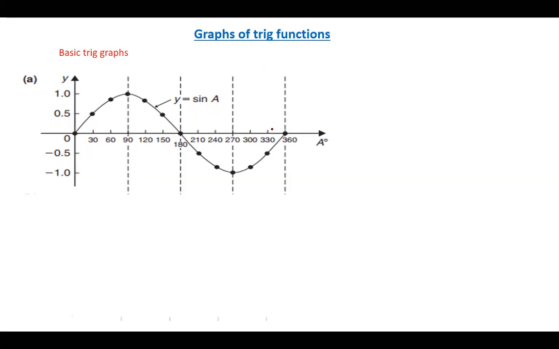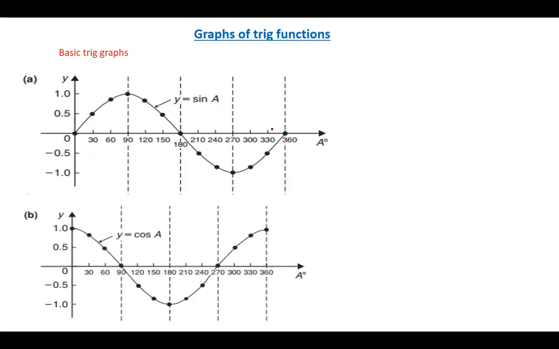So cos, this is how cos comes out. If it's negative cos, it comes out like that. So negative cos comes out like this. But otherwise, they all come out the same.